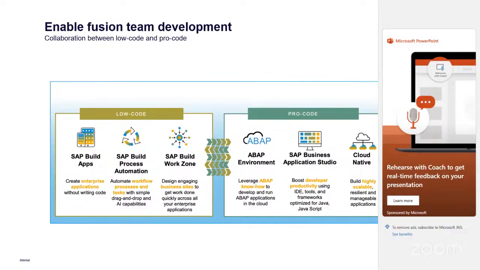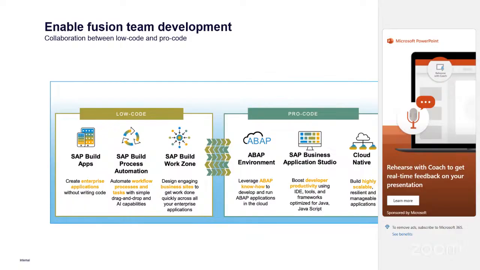Whatever key user extensions we were doing with custom fields and custom logic applications, they have integrated in the recent announcement, and now it's available in the SAP Build area, wherein we can do those key user extensions, custom fields, custom logic, and all those things in the web environment from the pro code area of Build. And now SAP Business Application Studio has been formalized here, with a new name, or you can say a rebranding: SAP Build Code.